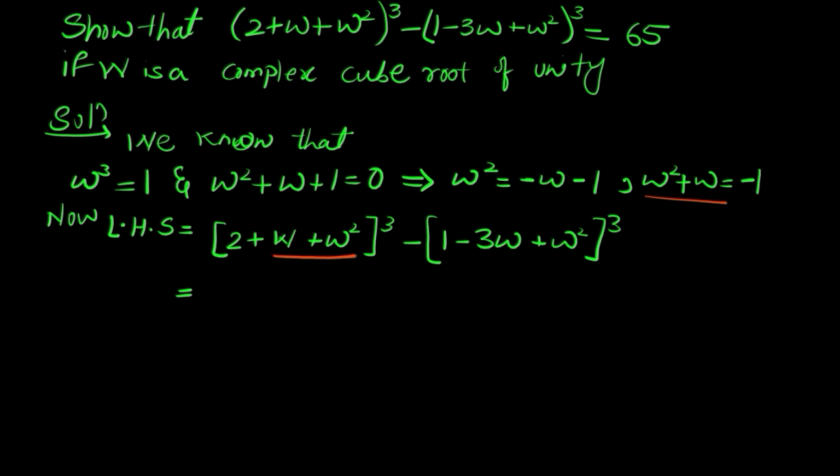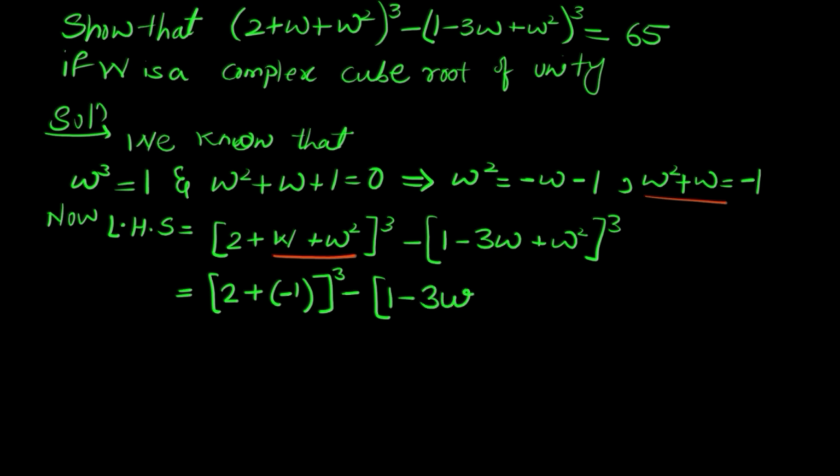We have to write here the bracket 2 plus minus 1, bracket close, the whole cube, minus 1 minus 3w.